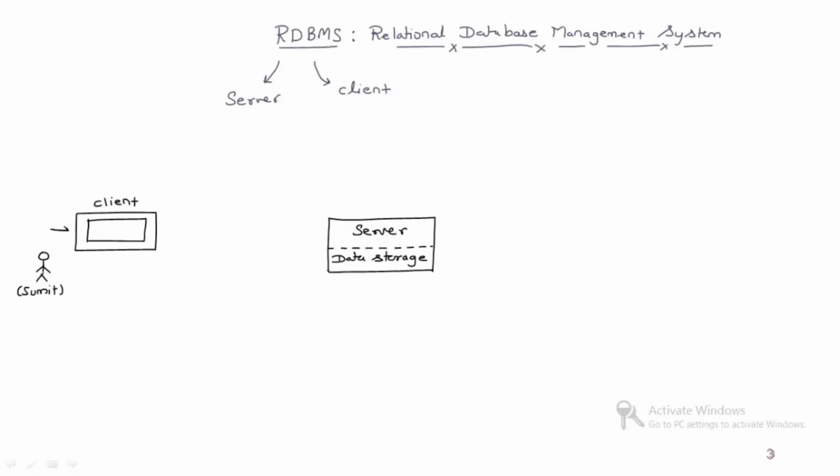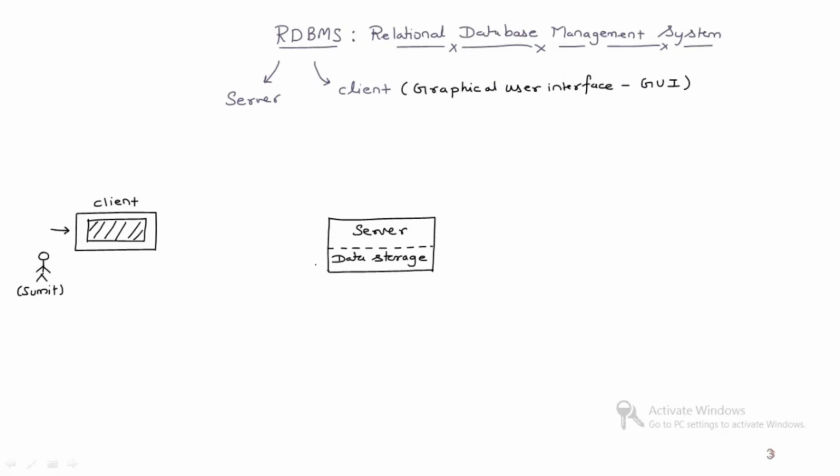This is the laptop that Sumit owns, and this particular screen which you are looking right now is basically the software which is known as the client. So client is nothing but a graphical user interface, also known as GUI, which can let the user interact with the server.